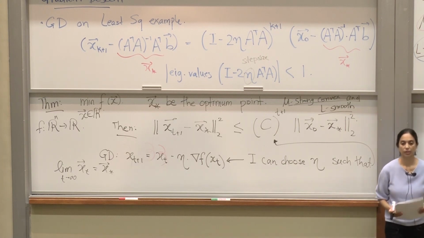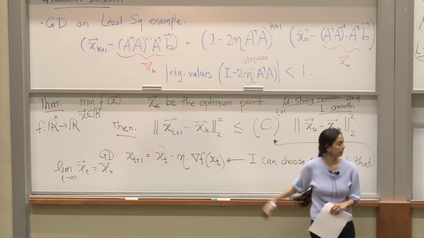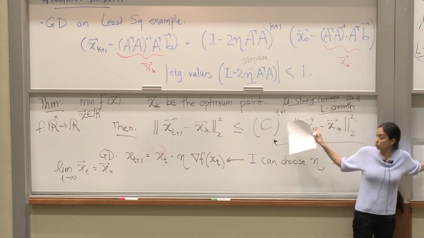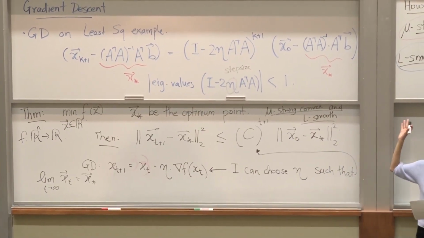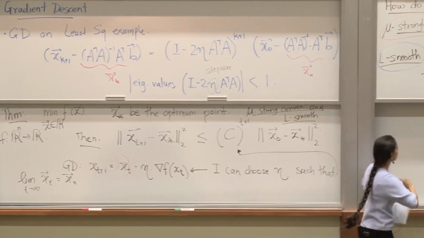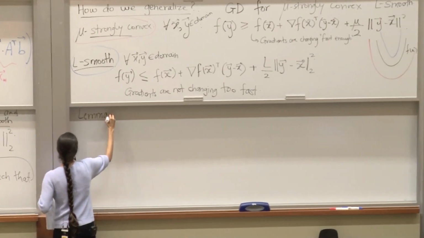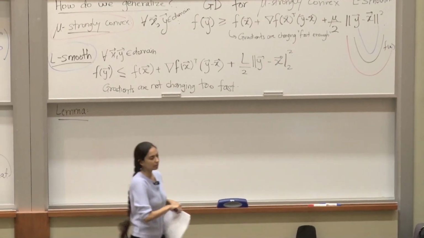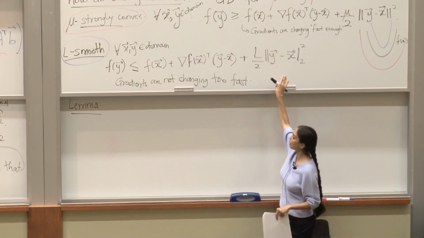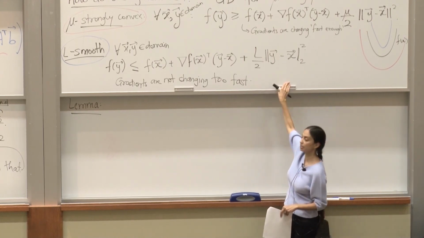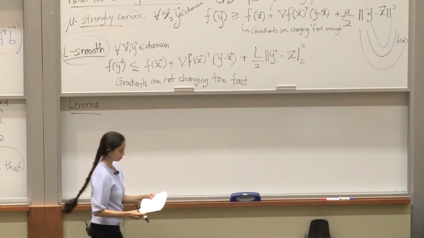So to do this, what we're going to do is we're going to basically take this and manipulate this expression to be able to get what we want. Not that different from the least squares proof. But first, we're going to prove some lemmas that help us characterize how the gradients are changing. Right? I'm claiming, for example, that L smoothness tells you that the gradients aren't changing too fast. Let's make this even more explicit.